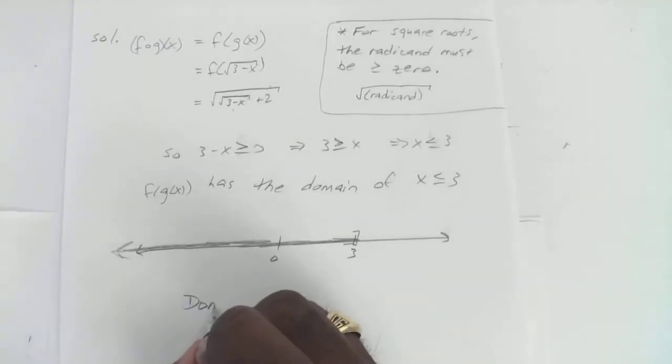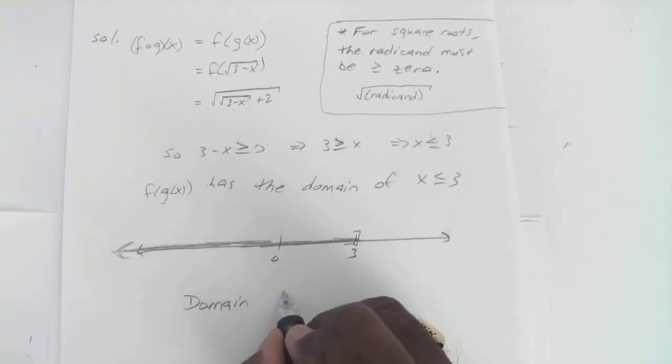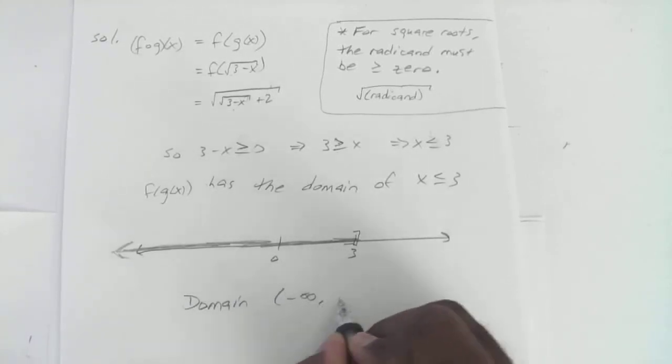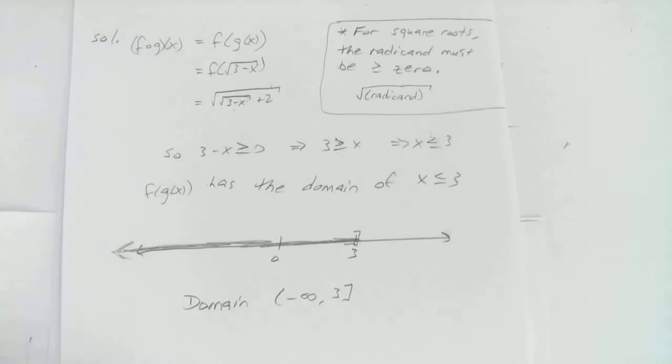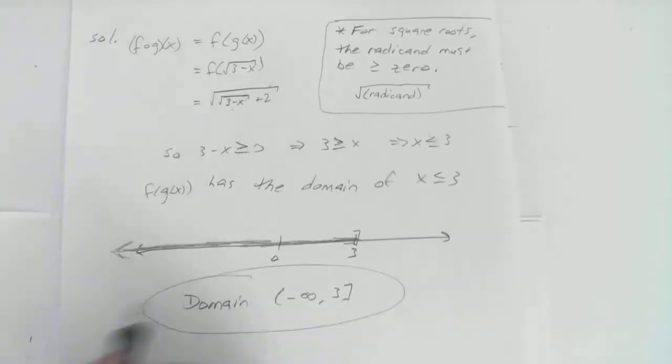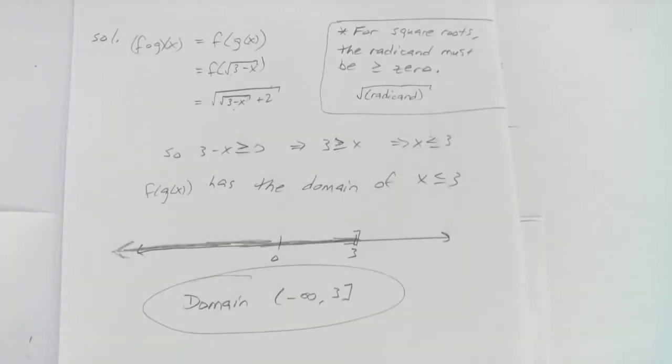So your domain is from negative infinity all the way to 3 and includes it. So really it's like finding the domain of a regular function, but you have to do the composite first and then find the values that would make the composite actually defined.